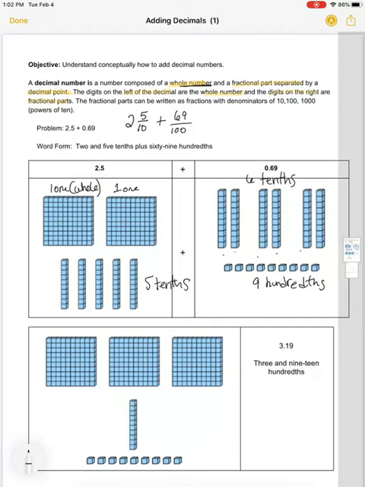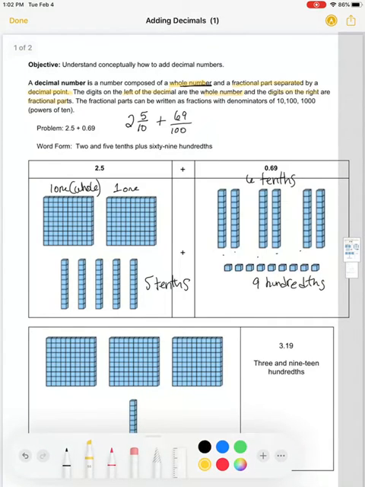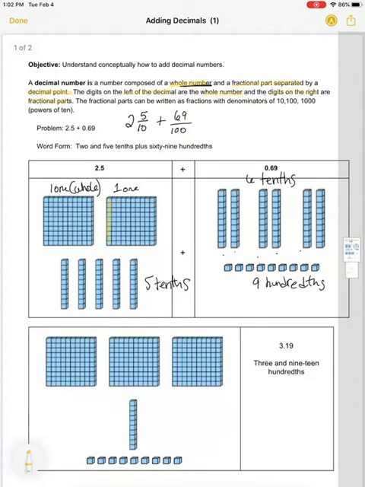And so when we combine those, one thing I can do is notice that if I look at these over here, this is 10 tenths. So that's one of these.